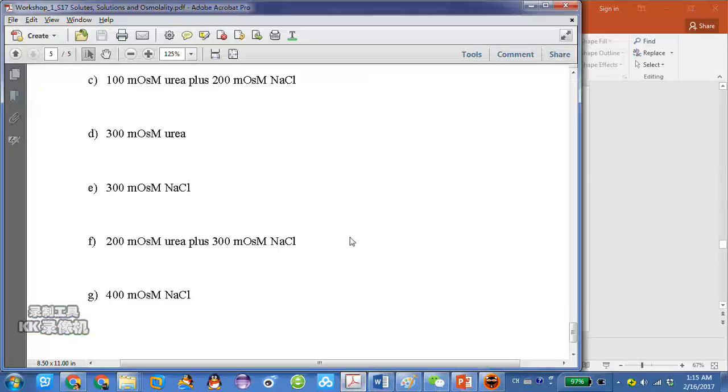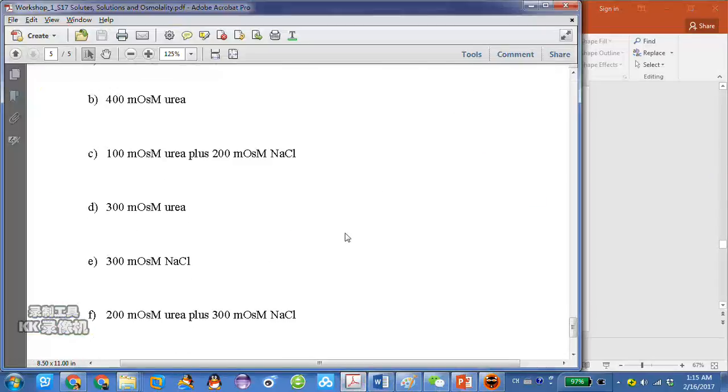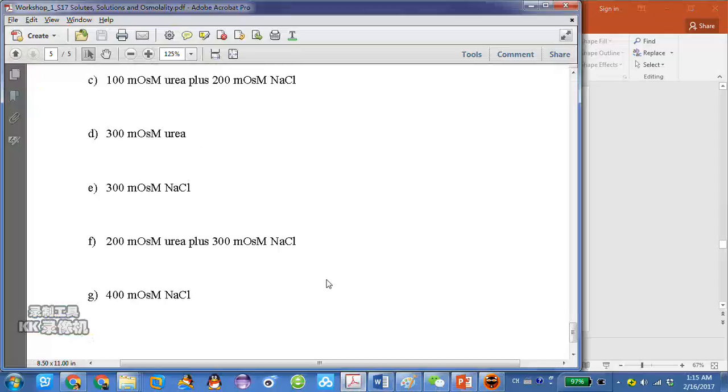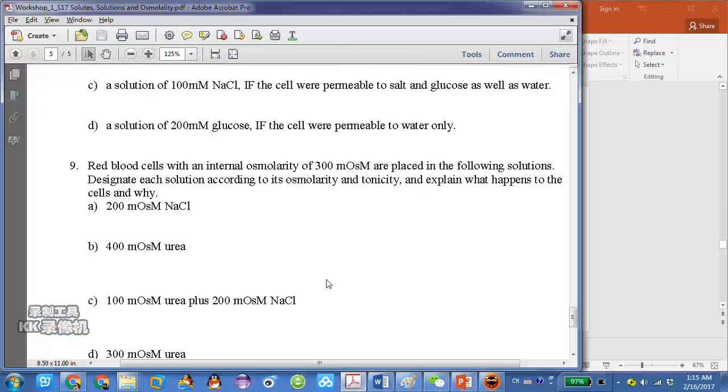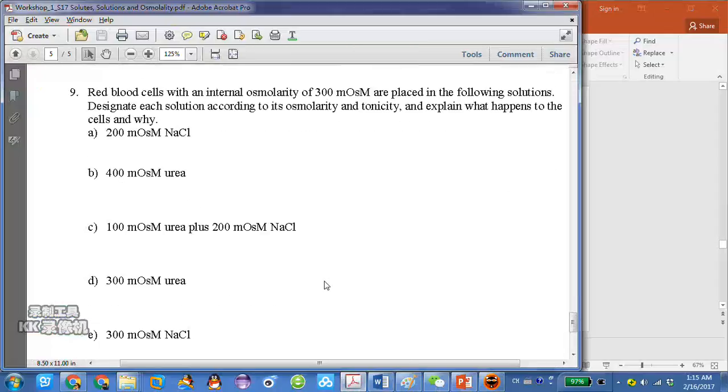There are several scenarios, and some of them are easier, some of them are harder. I think we're going to start from the outside solutions with only NaCl, because the salt is not permeable to the cell membranes. So in these scenarios, we don't have to think about the diffusion process.